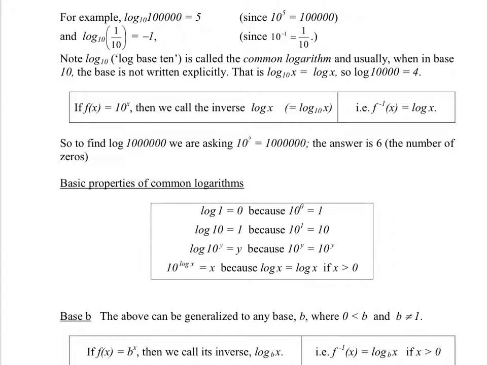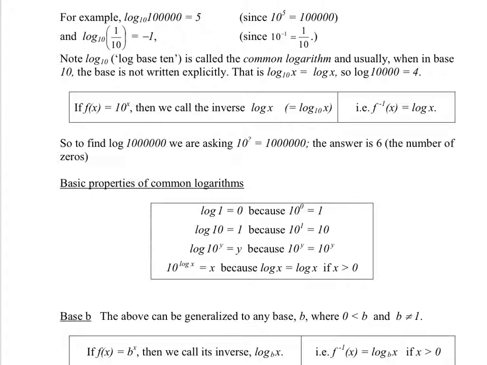That log button represents log base 10. So whenever you see just log of x, it means log base 10 of x. So the basic idea is, if you've got log base 10 of something, think to yourself, 10 to the power of what gives me this value? And here the answer is 6.